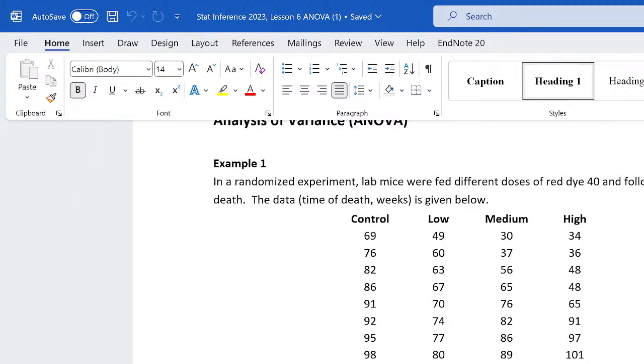What you do, for each of the 4 groups, you take the sample size, first group has 11 in it, and then you subtract the grand mean from the group mean. This one I can write out. This one is pretty easy. The next one had 9 in it, the group mean was 70, the grand mean is 75. The next one has 10 in it.